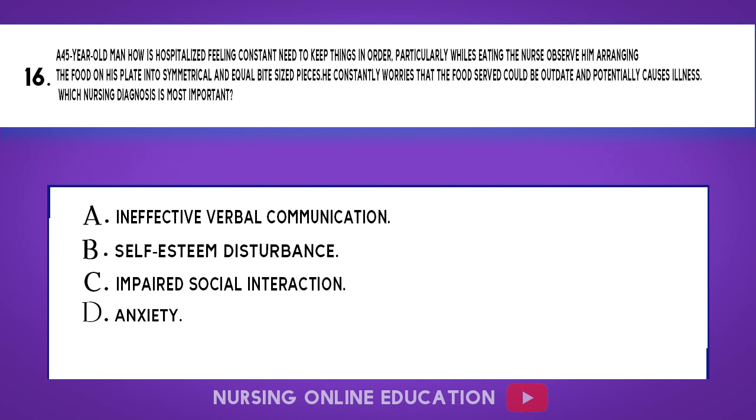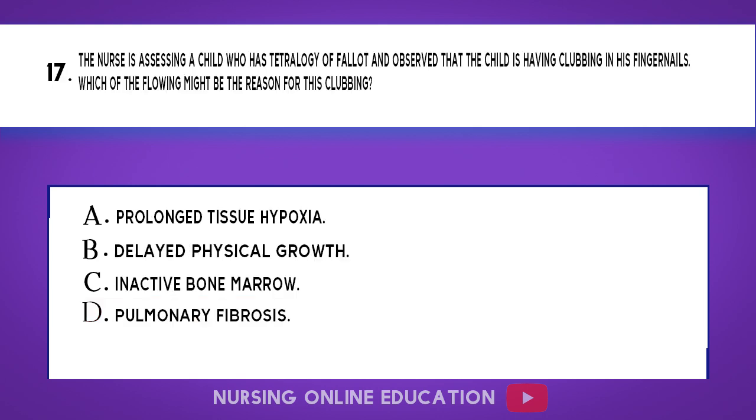A. Ineffective verbal communication, B. Self-esteem disturbance, C. Impaired social interaction, D. Anxiety. The answer is option D, anxiety.